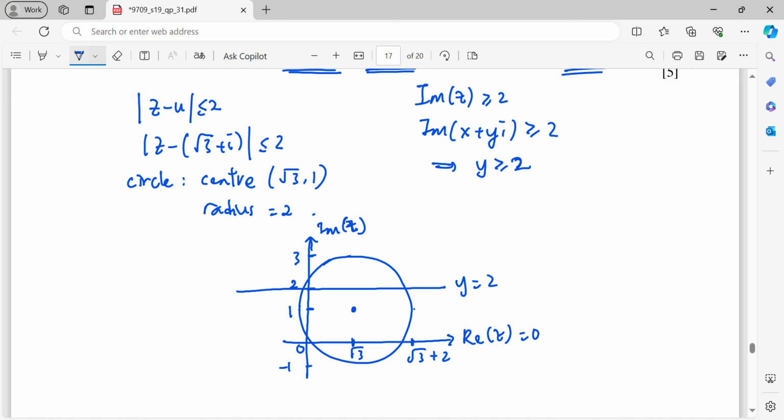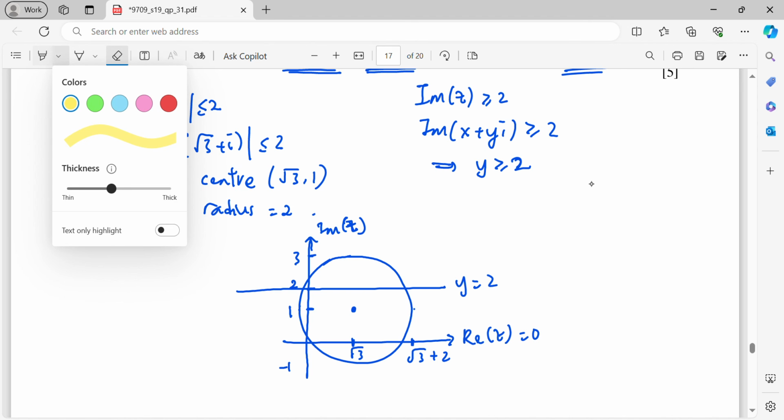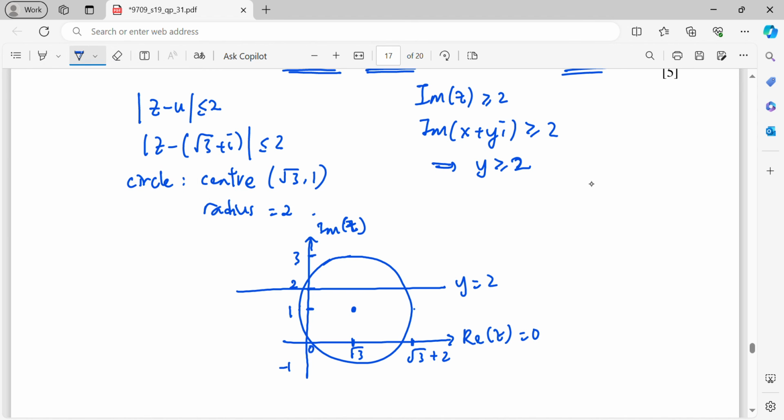So when you minus 2, this is negative, about negative 0.2. So here I only simply sketch, please measure. Then here is square root 3 minus 2.